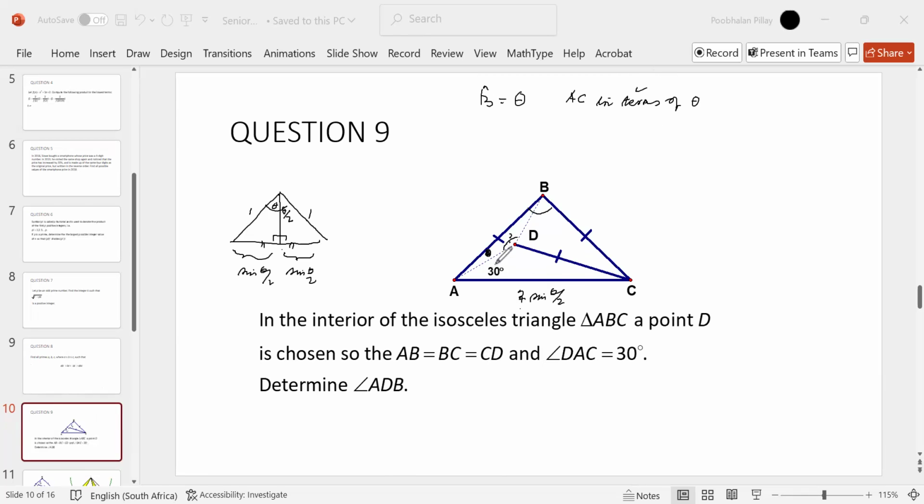And then I observe that in this triangle here, I've got 1. These are 1. And this is also 1. All these equal sides are 1. This is 1. I got 30 degrees. And I've got one side.